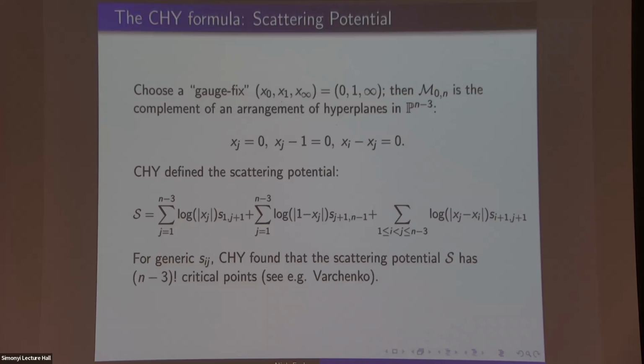He shows that the number of critical points of such a function is equal to (n minus 3) factorial when the parameters are generic. The hyperplane arrangement is not generic, the parameters are. Yes, exactly. So this is the maximum likelihood degree of the braid arrangement, which is of course well known, we've looked at that many times.